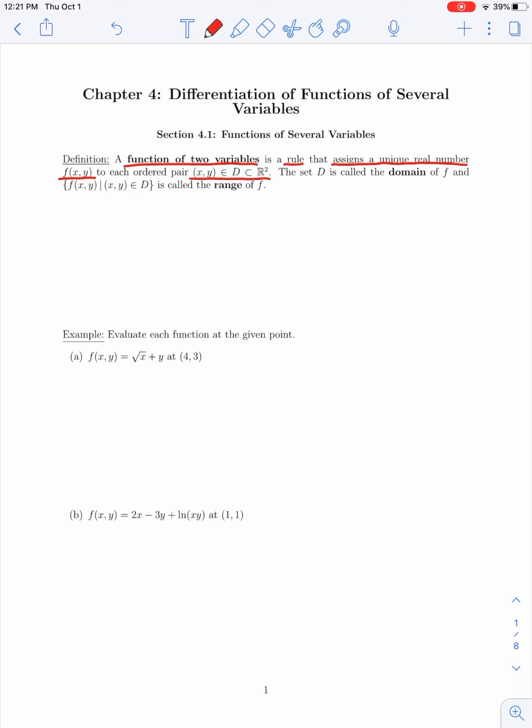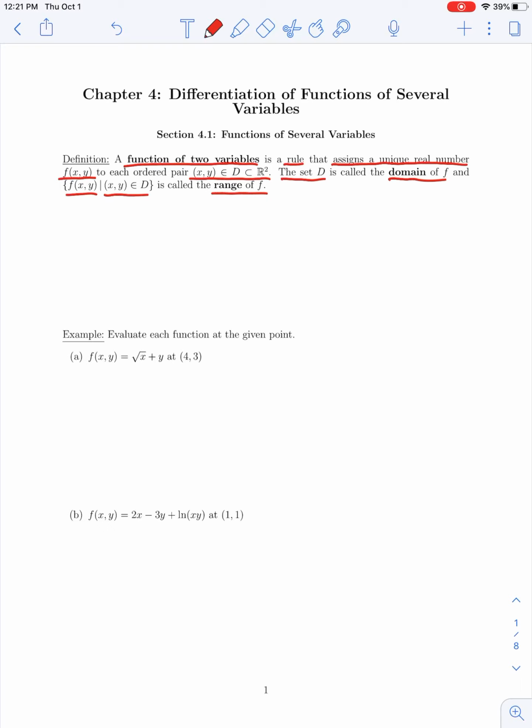So the idea is we're taking a point in the xy plane and we're assigning to each point in some subset of the xy plane a unique real number, which is denoted as f of x, y.